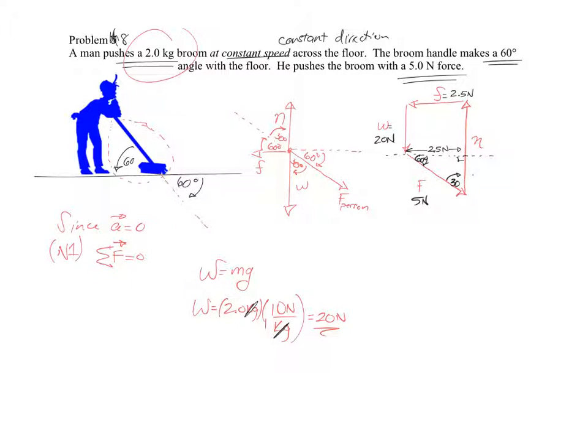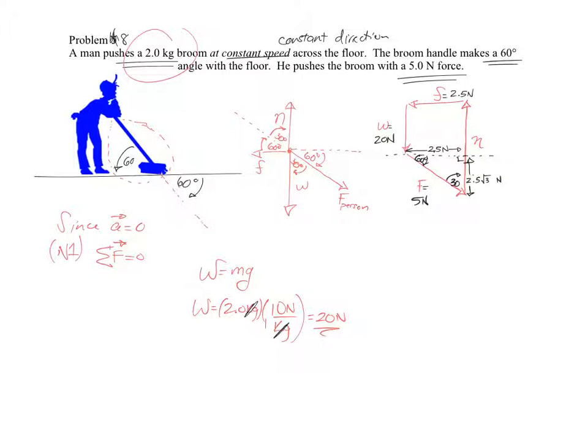The weight is 20. The applied force is 5 newtons. The medium length side of my little right triangle right here is 2.5 radical 3 newtons. Sorry, not my shortest. My medium length side is 2.5 radical 3 newtons.